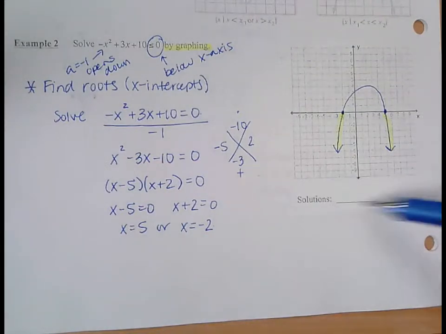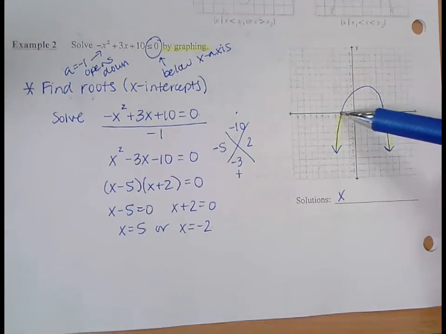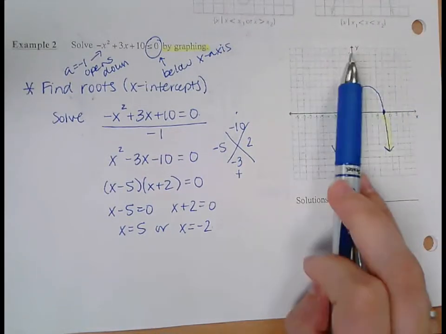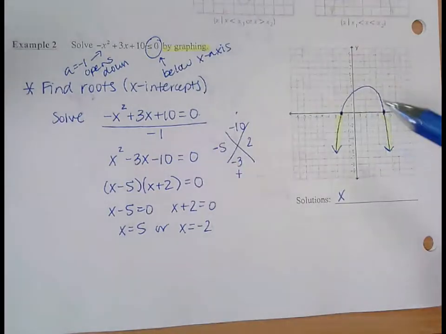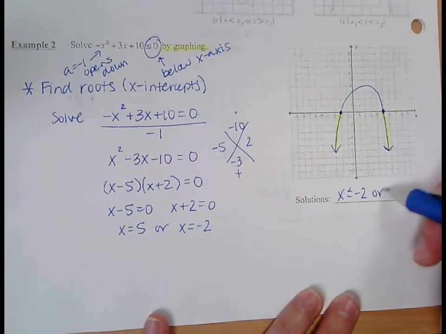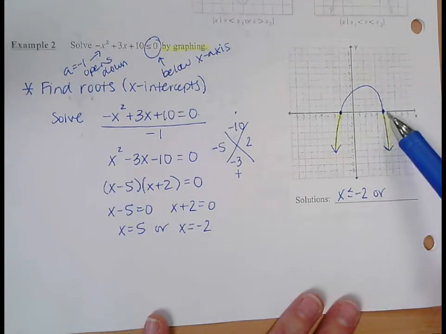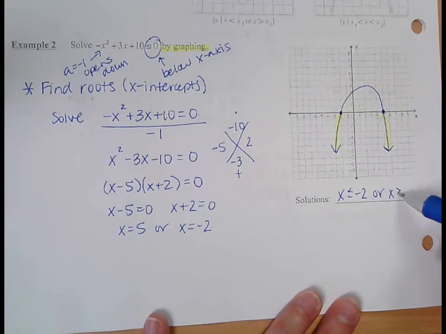So here's my solution. I have x values then. This part of the graph would be for x values to the left of -2, so x values less than or equal to -2. Or this part of the graph is x values to the right of 5, so x values greater than or equal to 5.